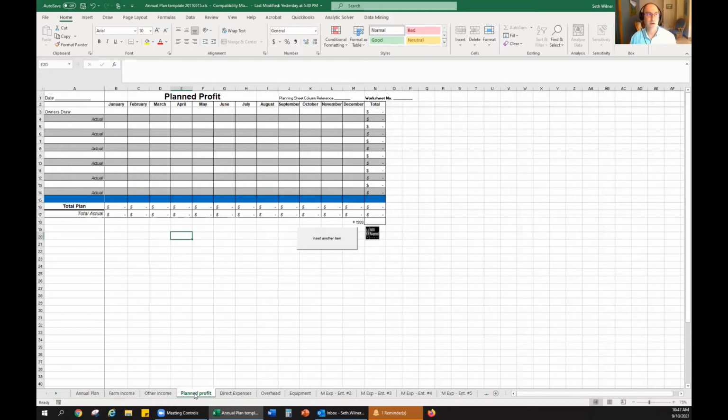Okay. So the planned profit. Remember what we said the planned profit was, it's treated as an expense. You have a family budget, and let's say your family budget said your farm needed $10,000 a year to support your family. And you have May, June, July, August, September, October. You have 7 months that you can charge that farm for that, because it's going to be hard to pay you in the off months.